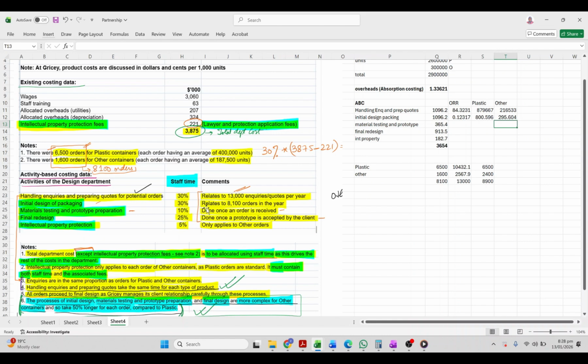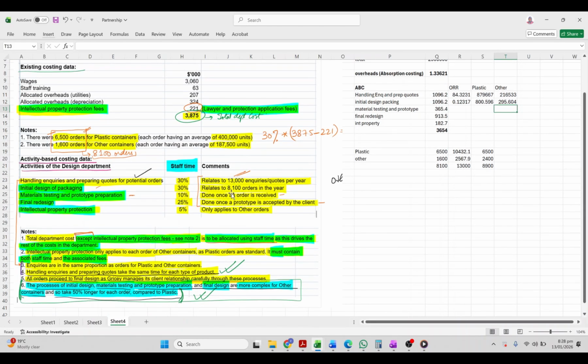Because there are two products in these 8,100 orders: one is plastic and the second one is other containers. Plastic is going to take less time and other orders are supposed to take more time.